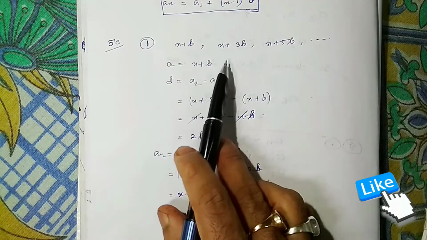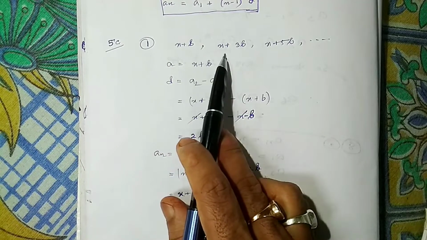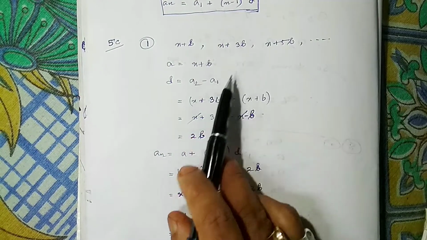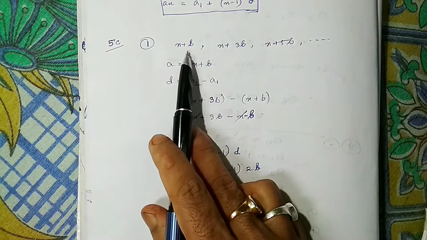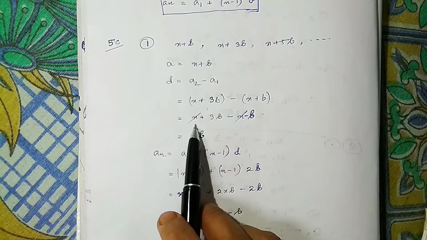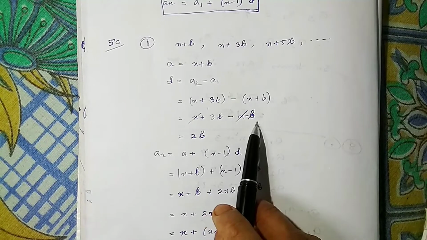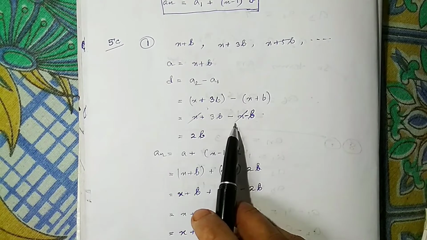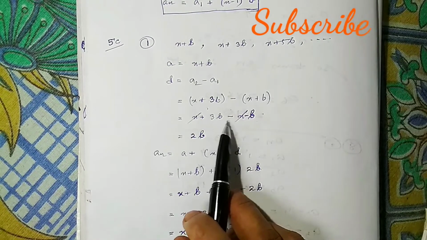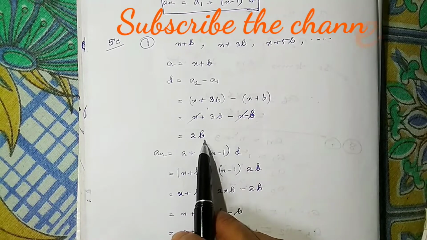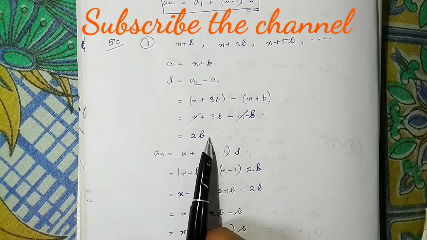How to find common difference? Second term minus first term. Second term is x plus 3b minus first term, that is x plus b. Now x plus 3b minus x minus b, plus x and minus x we can cancel. We are left with 3b minus b, that is twice b. So we got our first term and common difference.